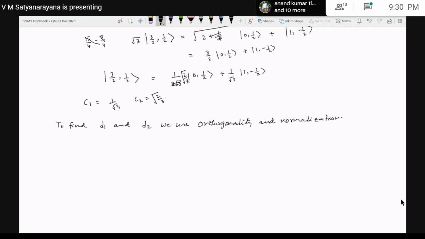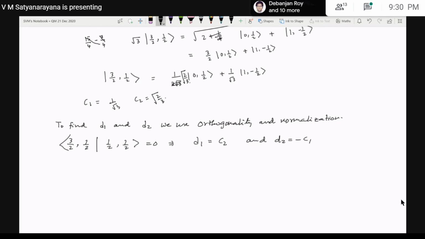So you want 3 by 2 half and half to be 0. This implies your D1 is equal to C2 and D2 is equal to minus C1. Okay, you have to swap and then put a minus sign, so that you get the inner product to be 0.